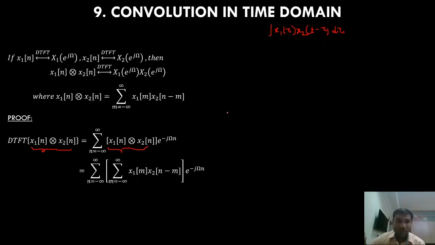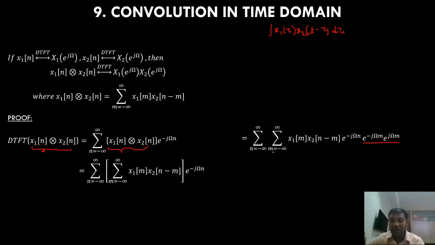Now I will multiply with e power minus j omega m and e power j omega m. The next step is separating n and m summations. The first one is nothing but X1 of e power j omega.